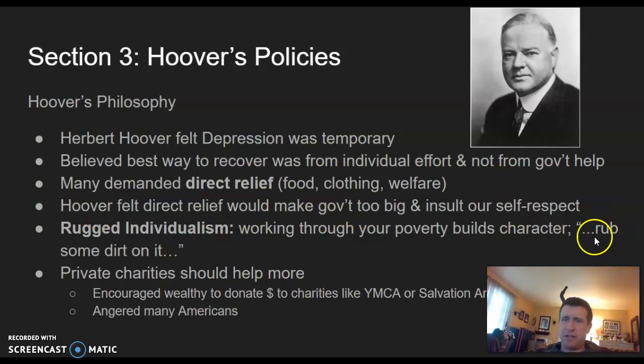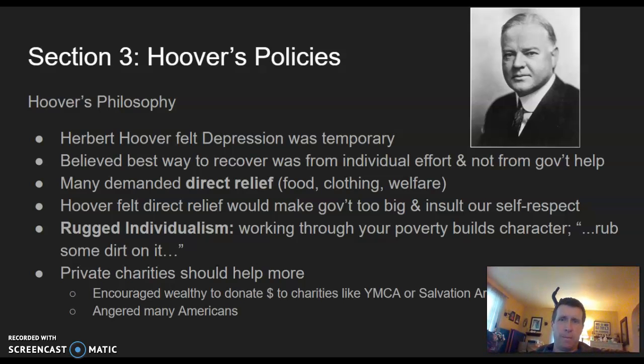I always like to use the phrase rub some dirt on it. If you're hurting, rub some dirt on it. Work harder. Get to work. Do your thing. And there's only one person responsible for your success: you. That was Herbert Hoover's opinion. He did not believe the government should be helping anyone. He felt that if you were poor, it was your fault, and only you can get yourself out of poverty.